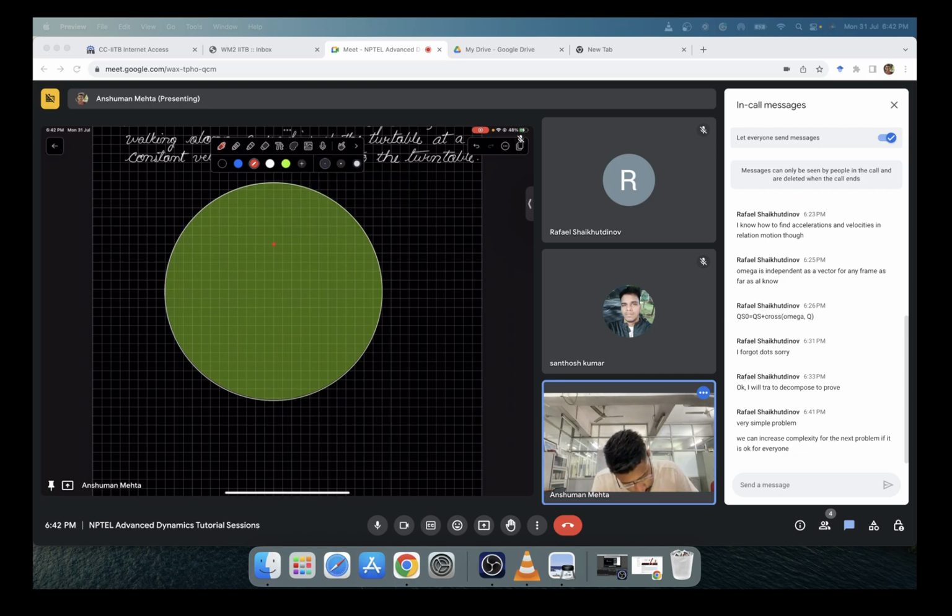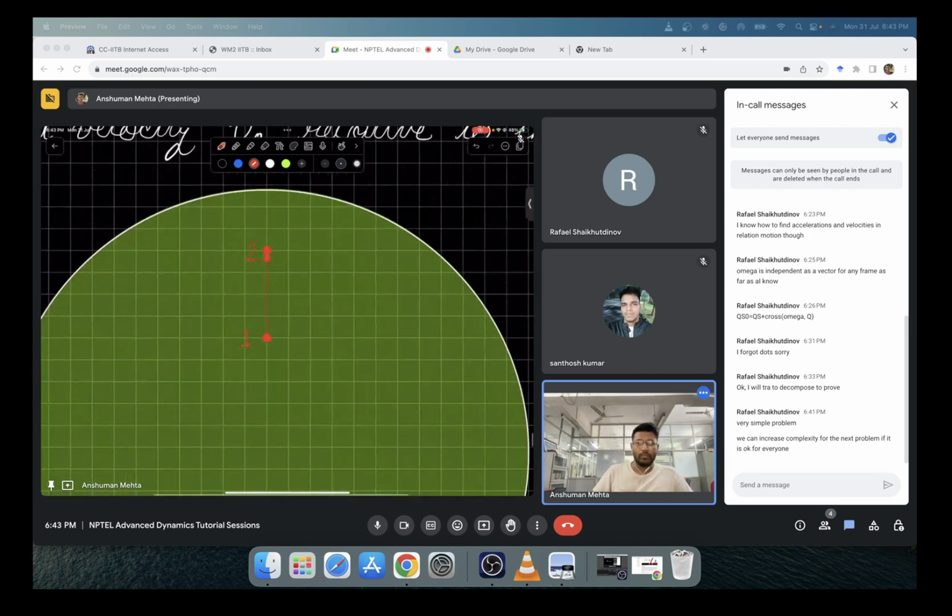Let's denote it by point 1. So this is our point 1, and now it is going along the radius. So let's say it is going to point 2. This is our point 2. This ant is going from point 1 to point 2 with constant velocity v0.